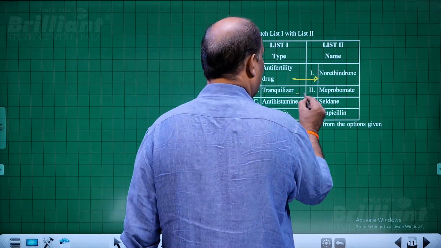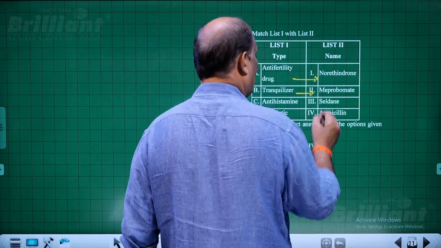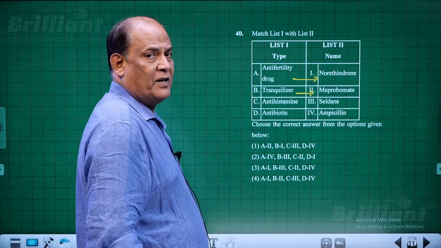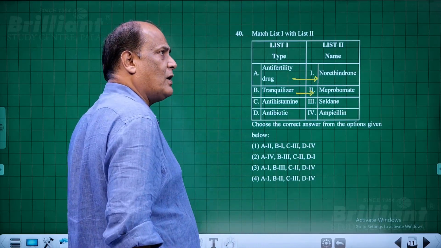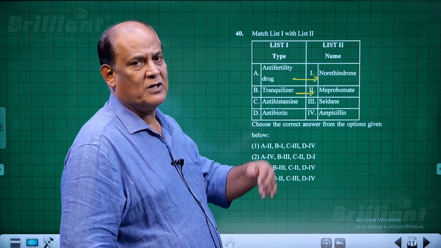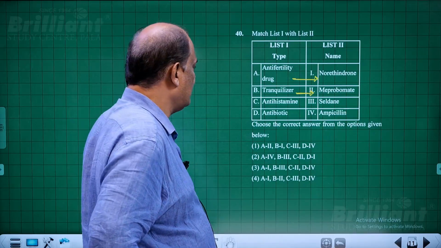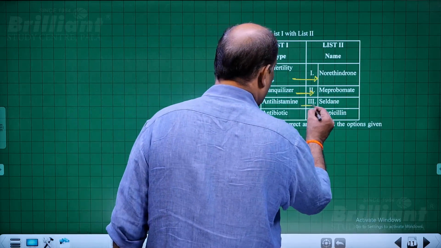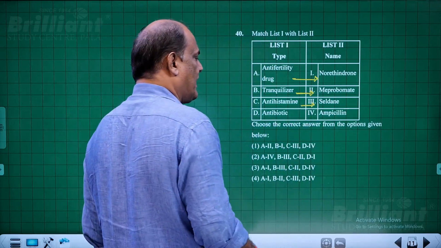Equanil is a good medicine as a tranquilizer. Whenever a person is having depression, in order to make them sleep, generally we use sleep-inducing medicines, tranquilizers. The antihistamine, Seldane, this is also correct. It is purely chemistry in daily life.